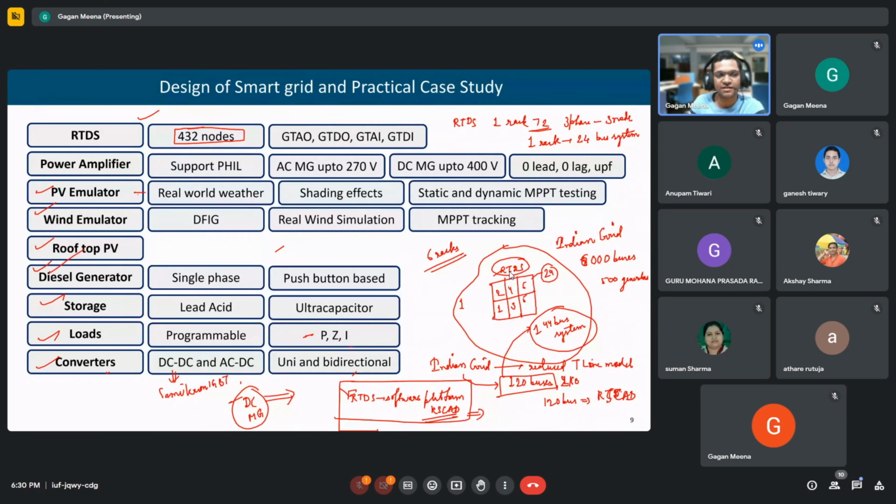This PV emulator can take into account all the weather conditions, even shading effect and static and dynamic MPPT testing. So do you know what the shading effect is? Have you heard of shading effect? Whenever we have several solar panels, either on a rooftop or in an open field. Yes, it can be called clouds also.